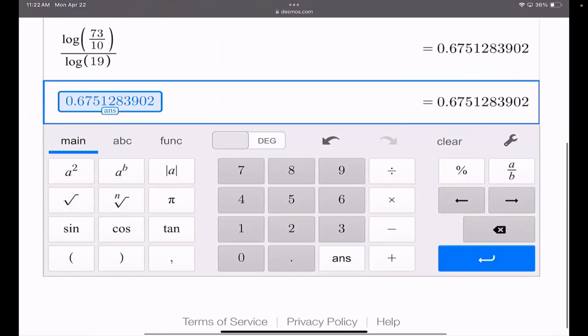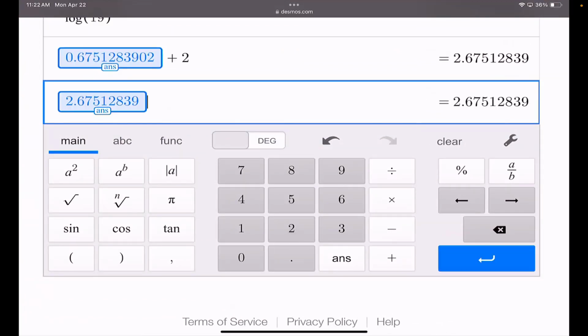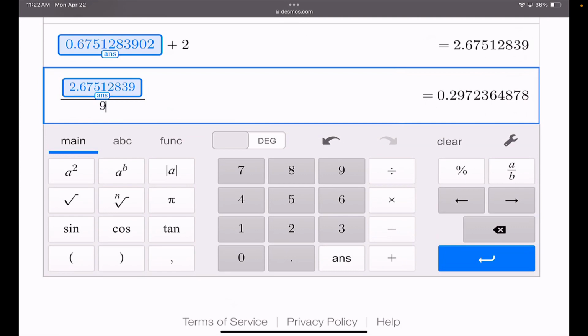I want to take that answer and add 2. And then take that answer, divide by 9, and you got it. 0.297. So the 9 has got to go up, but it has nowhere to go, so it becomes a 0. And the 2 becomes a 3. So 0.30.